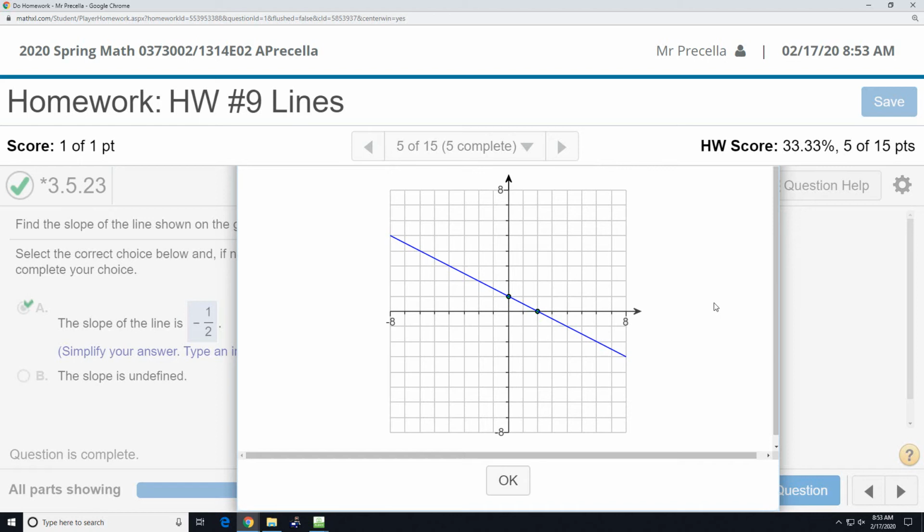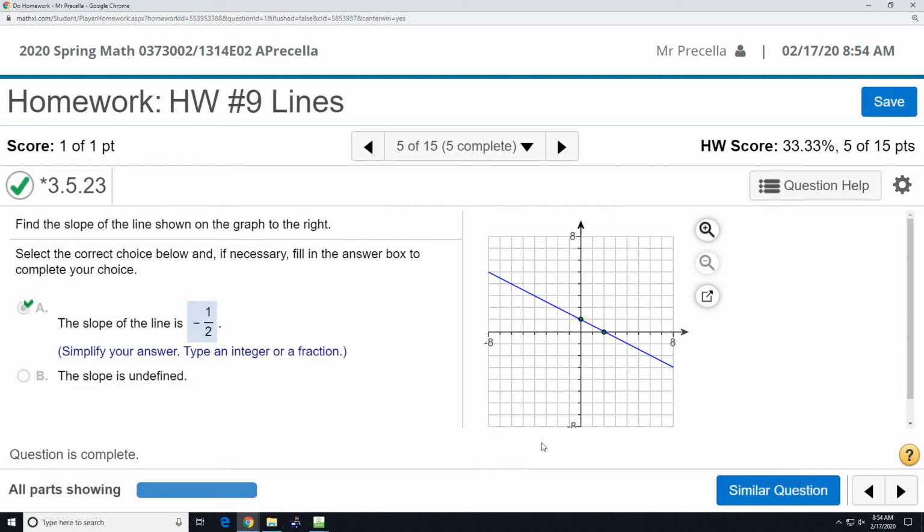If we had started at this point and gone to the lower point, what would we have had? We'd have down 1, so negative 1, and then what? Right 2, so positive 2. Negative 1 over positive 2 would still get you negative 1/2. Y'all see how I found that slope? Doing rise over run.